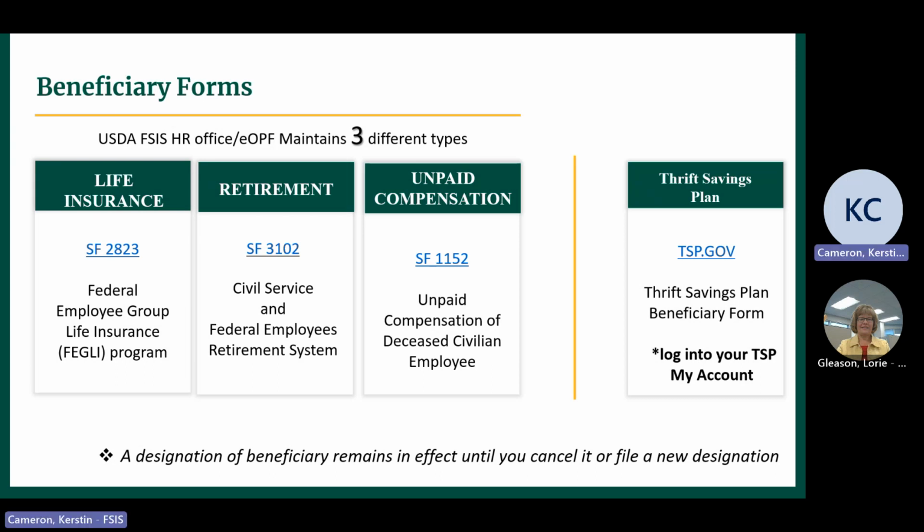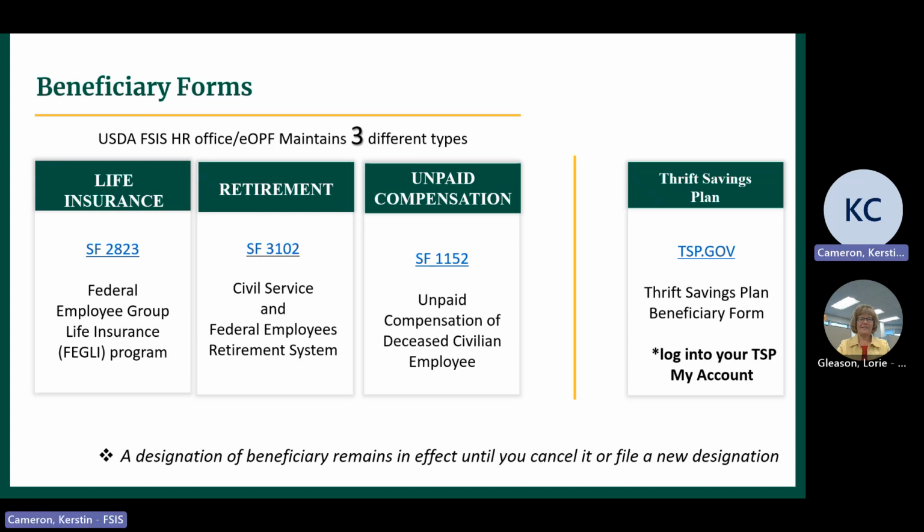These are the benefits that may be designated using these forms. The SF 2823 is for Federal Employees Group Life Insurance. The SF 3102 designates who receives the employee's contributions to the Federal Employees Retirement System only when there is no survivor benefit payable to a spouse or children. This form is now used for both FERS and CERS retirement plans.